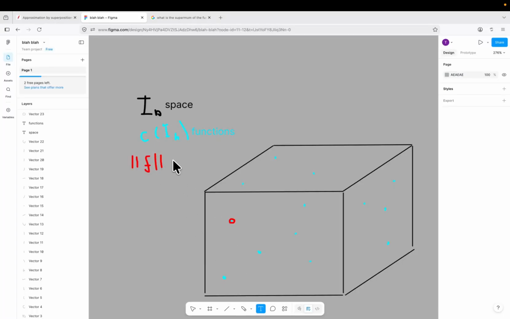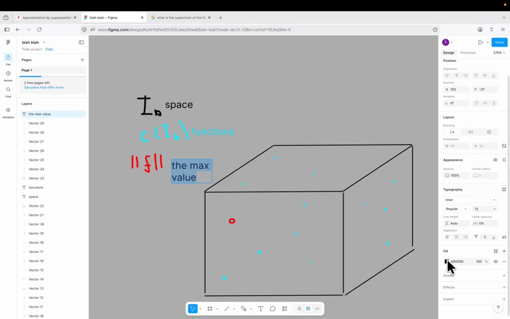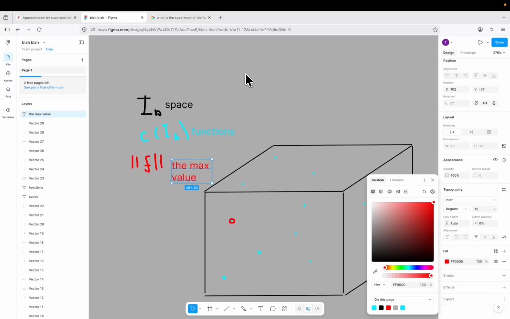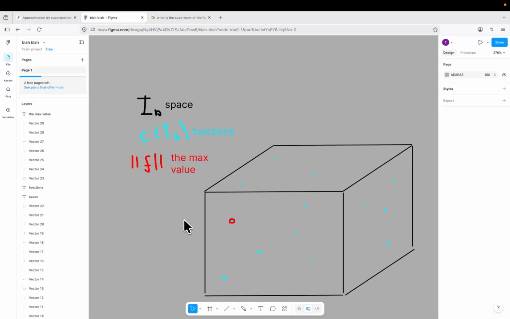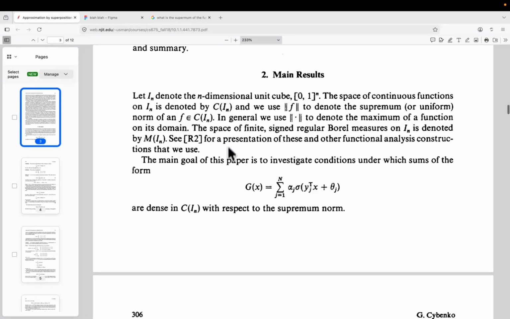It's going to be the max, it's going to be red. So this is the maximum value of a certain function from this space. In general, we use it to denote the maximum of a function on the domain.